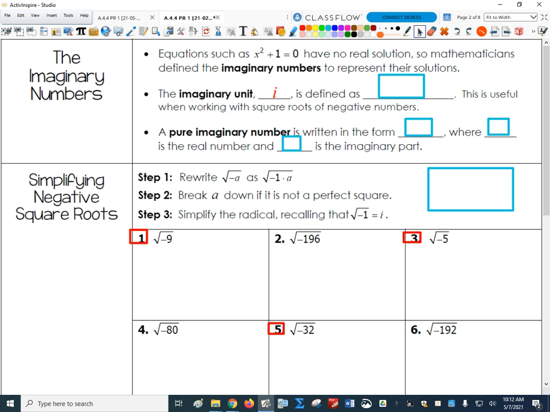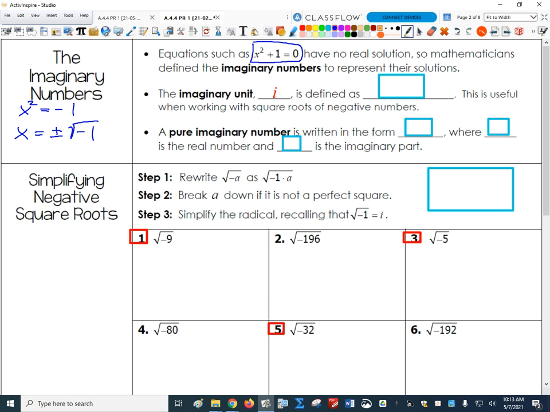x squared plus 1 equals 0. If I solve that equation, look what happens. I'm going to take this equation right here, and let's go over here and solve it. I would just subtract 1 from both sides, and I would get x squared equals negative 1, right? And so when I square root both sides, I would get x equals plus or minus the square root of negative 1.